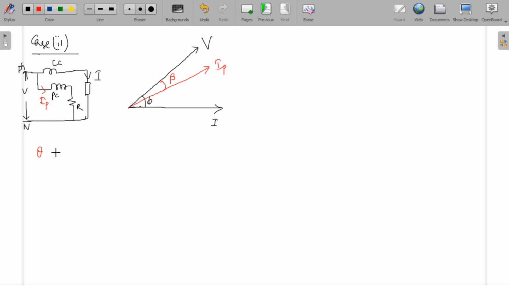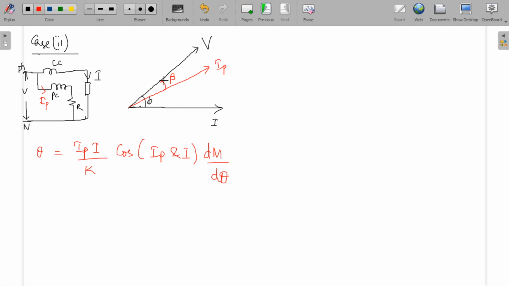Now theta is equal to IP I by K cos of the angle between IP and I, dM by d theta, right? Now what is the angle between IP and I?